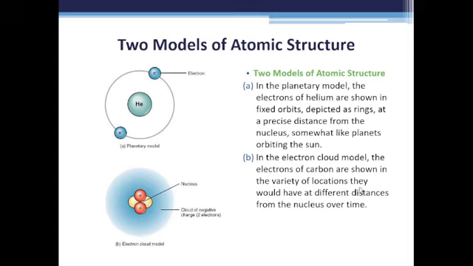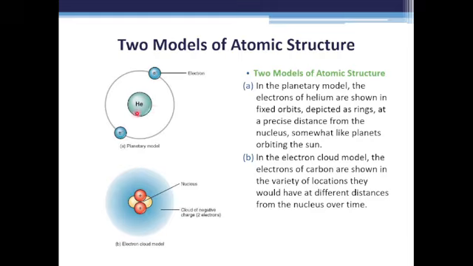So there are two major ways scientists visualize atomic structure. First of all is the planetary model. So this is the planetary model of a helium. In this model, electrons orbit the nucleus in fixed circular paths, just like how planets orbit the sun.